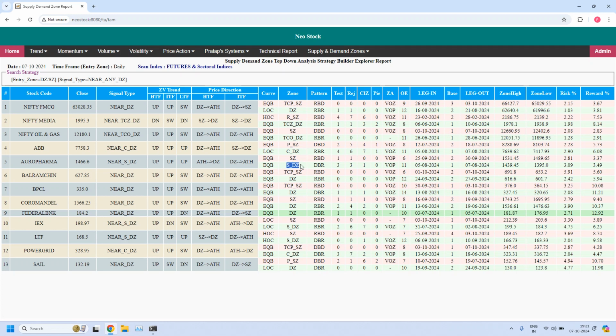Okay, this is Aravindo Pharma. Already we discussed it in today's HLQ analysis video, so this is a valid high liquidity zone. Next, we have one more, IEX, and one more, L&T Finance, and also one more, Power Grid.